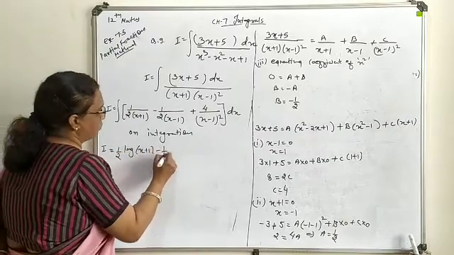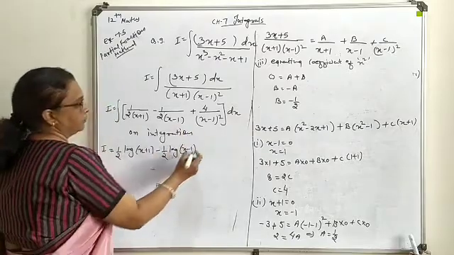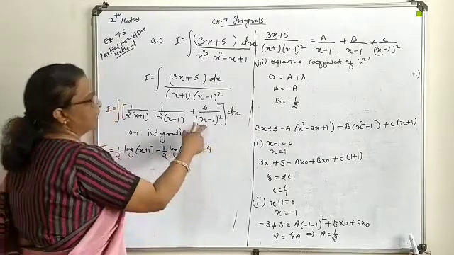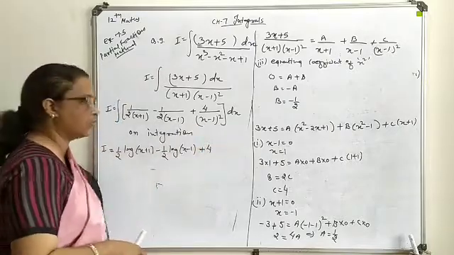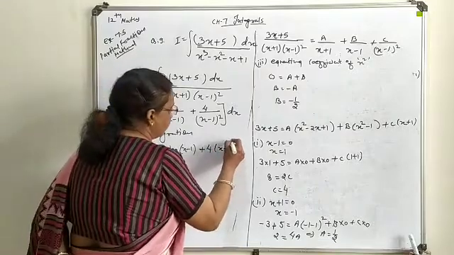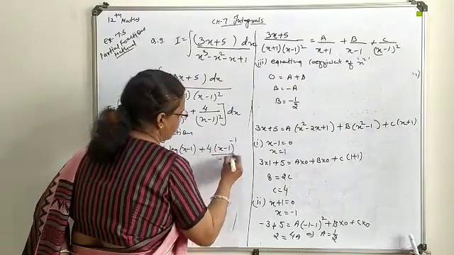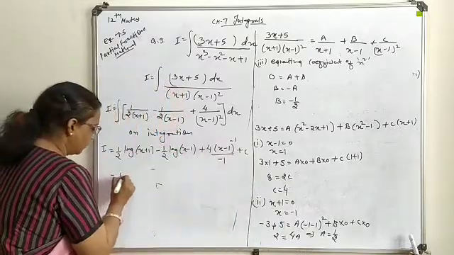This is 1 upon 2 log x minus 1. Now here this is plus 4, x minus 1 with power minus 2. So on integration this will give you x minus 1 with power minus 1 upon minus 1. Now this minus is to be adjusted. Here half we can take common.